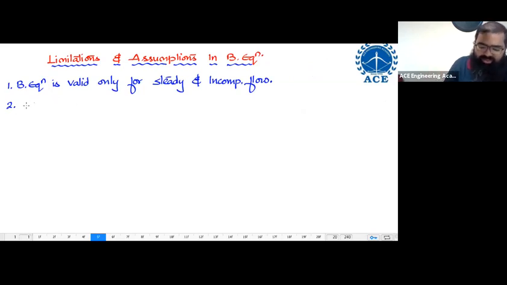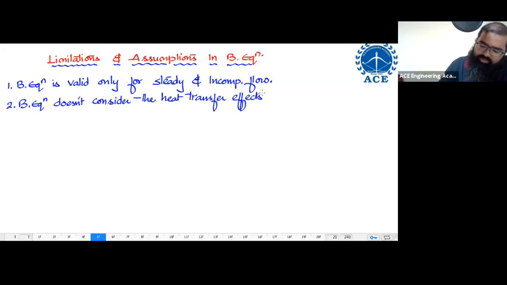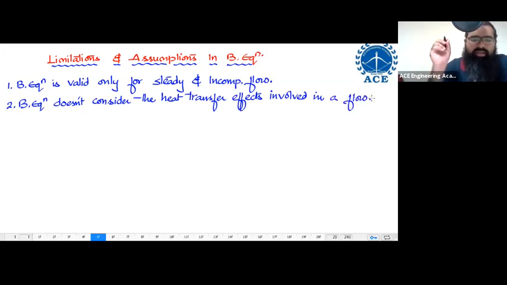The statement goes something like this: Bernoulli equation doesn't consider the heat transfer effects involved in a flow. This is the second point I'm having.